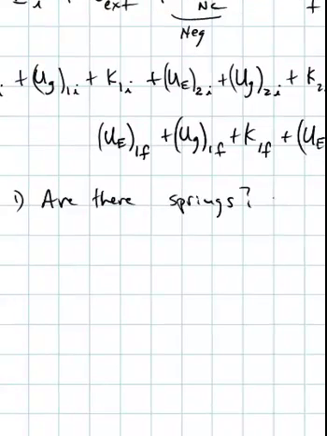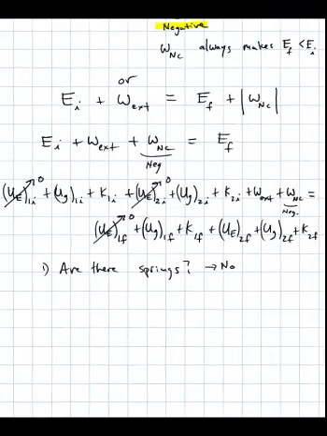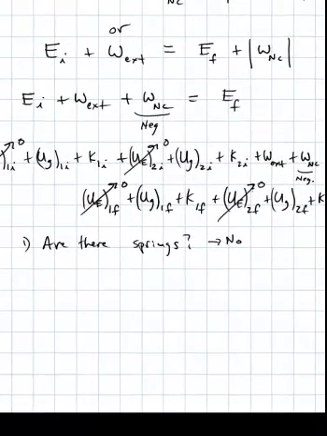Are there any springs in the system? No. So we're not going to have any elastic or spring potential energy in the beginning, and we're not going to have any at the end. Obviously, I could have left those terms out to begin with, but I'm trying to be very general here so you can see the process and apply it to other types of problems that might have springs in them.